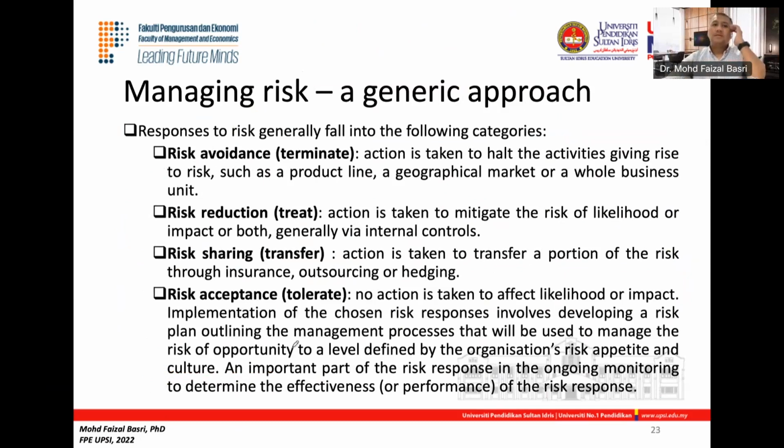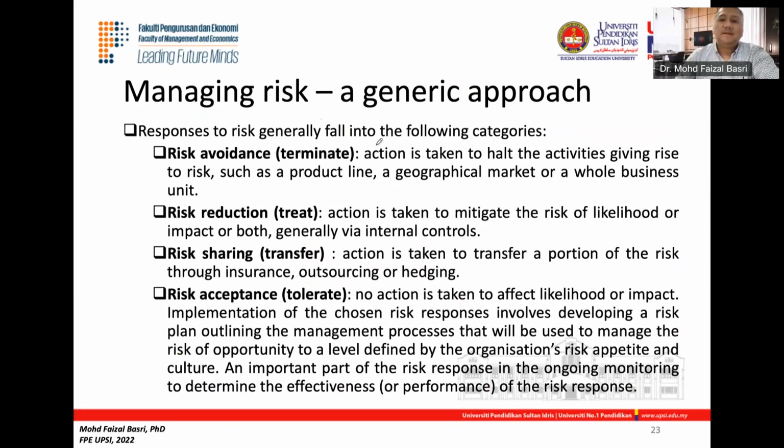So what would the risk response be? The risk response can fall into four categories: risk avoidance, risk reduction, risk sharing, or risk acceptance. Every one of these categories has an alternative name. Risk avoidance is equivalent to terminate.